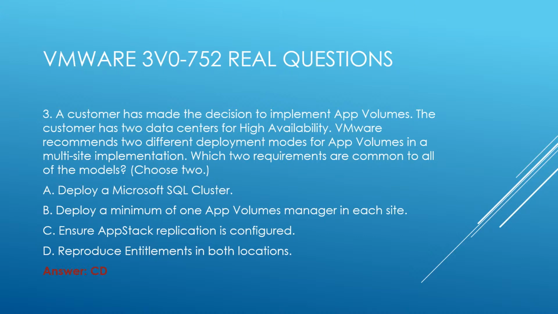3. A customer has made the decision to implement Volumes. The customer has two data centers for high availability. VMware recommends two different deployment modes for Volumes in a multi-site implementation. Which two requirements are common to all of the models? Choose 2. A. Deploy a Microsoft SQL Cluster.